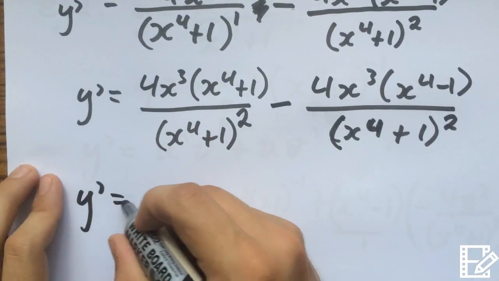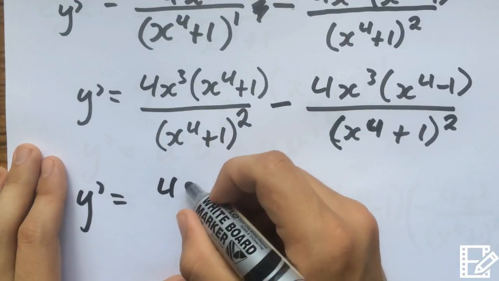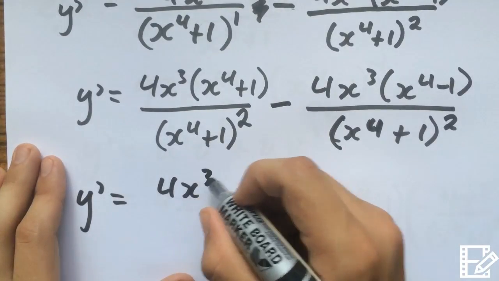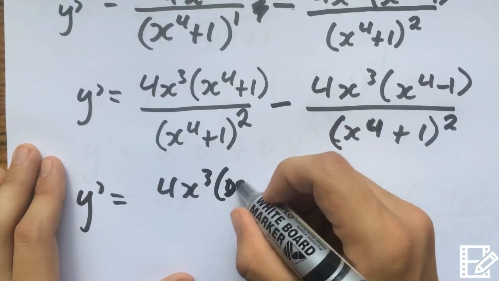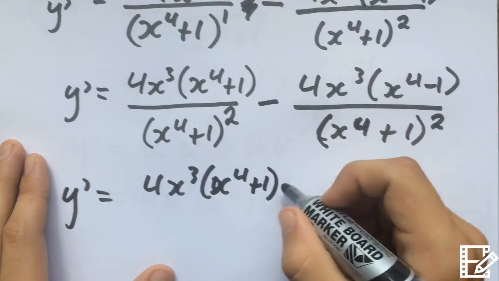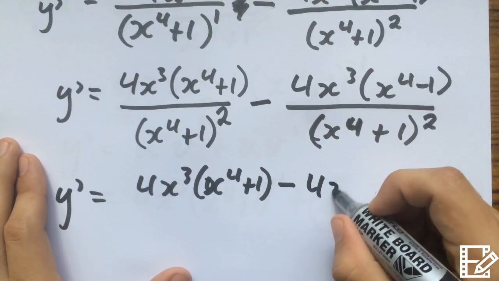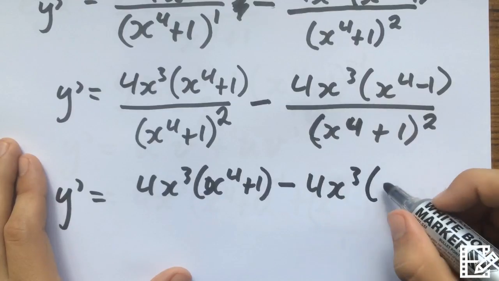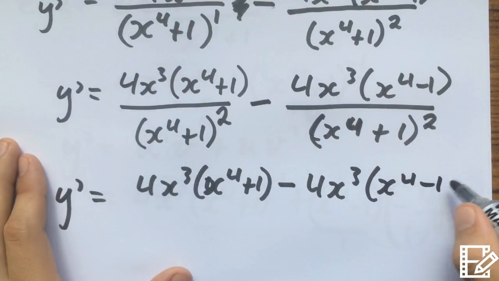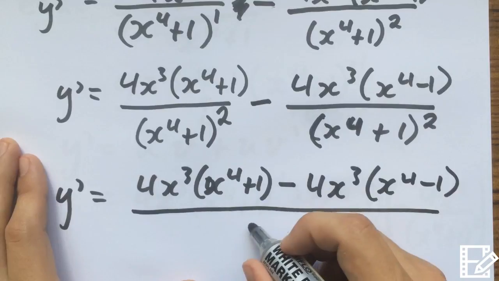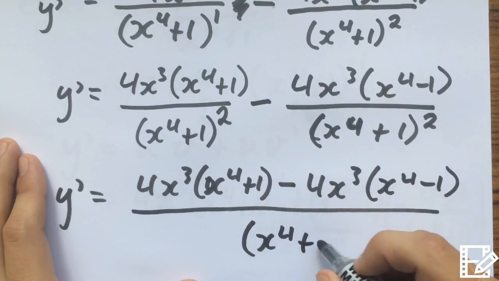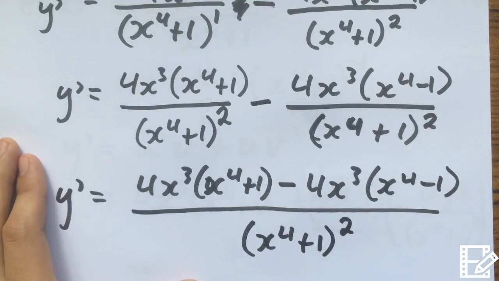What does that look like? It looks like this. 4 times x to the power of 3 multiplied by x to the power of 4 plus 1, subtract 4x to the power of 3 multiplied by x to the power of 4 subtract 1, all over x to the power of 4 plus 1 squared.